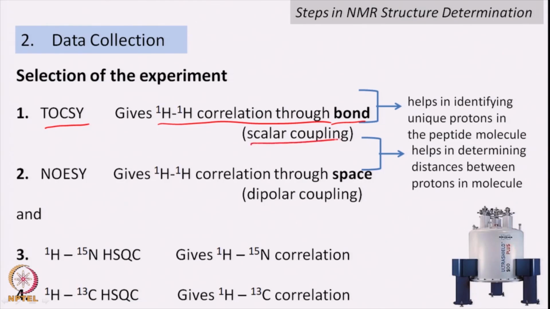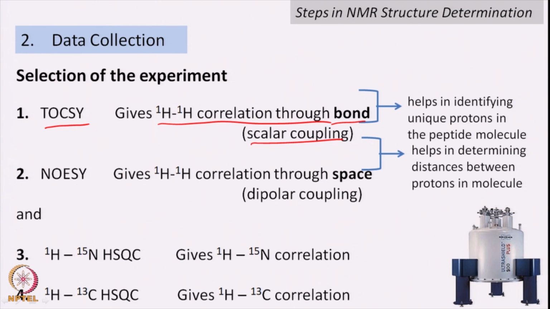That gives proton correlation through bond, and the transfer of magnetization happens through scalar coupling. So in TOCSY you can go a few bonds.